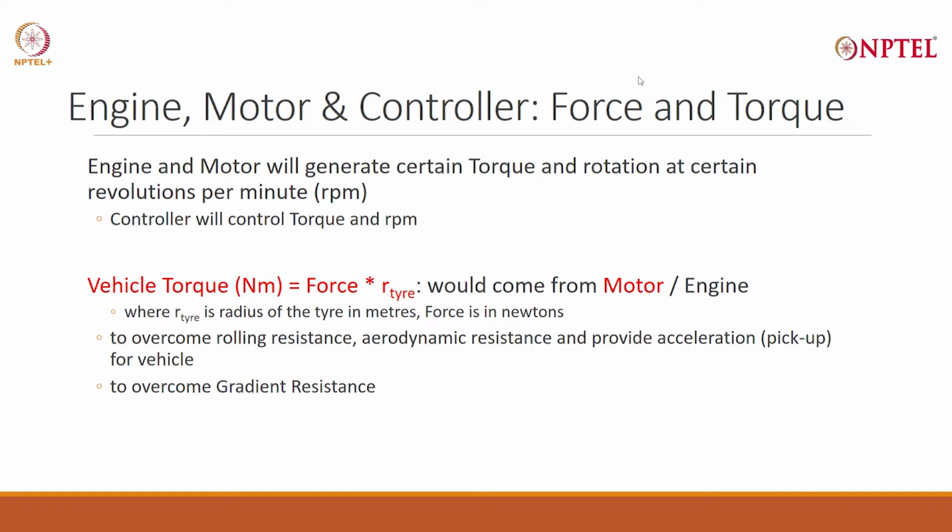We want to accelerate, that is the pickup of the vehicle, that is the third force. So, the torque will be used to overcome these 3, plus if you are driving up the hill, it has to also overcome the gradient resistance. Of course, if you are driving down the hill, you get helped.